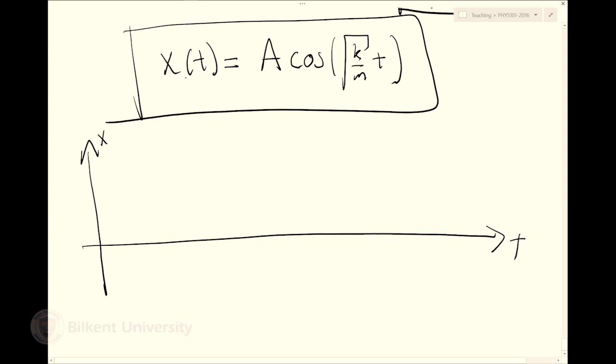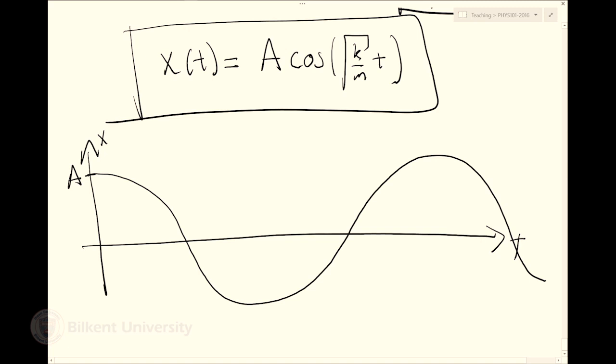At t equals 0, I'm at a. And we all know what a cosine function does. It oscillates, right? What is the minimum point? How far away do you get from the original? It goes to minus a because cosine goes from 1 to minus 1.